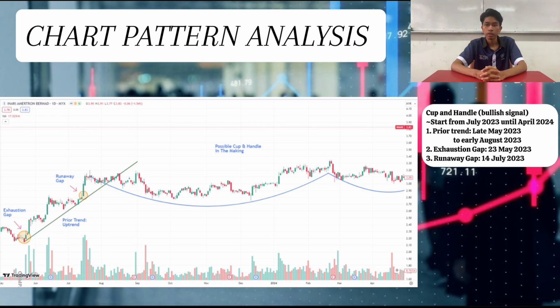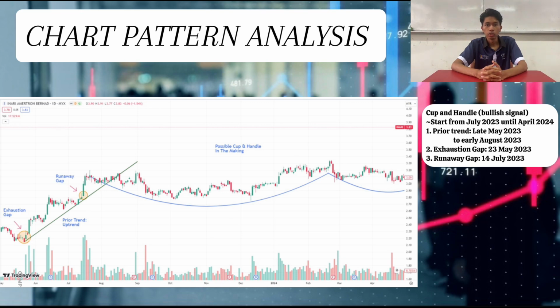Next, the runaway gap. We have detected the runaway gap on 14 July 2023. The runaway gap occurred in the middle of a trend and indicates the continuation of the current trend. It is accompanied by moderate trading volume and signifies strong market sentiment in the direction of the gap.